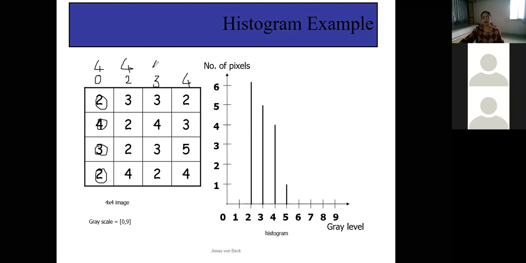For 3, again there will be 4 pixels, because we have assumed all the pixels in the third column take value 3. And for the last column, all the pixels have value 4, so again there will be 4 pixels taking value 4. So you will get 4 peaks in the histogram with equal amplitude, 4, 4, 4, 4, right?